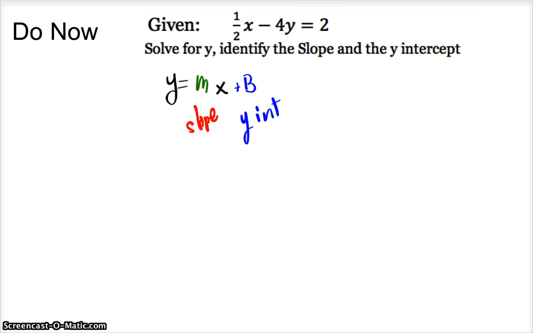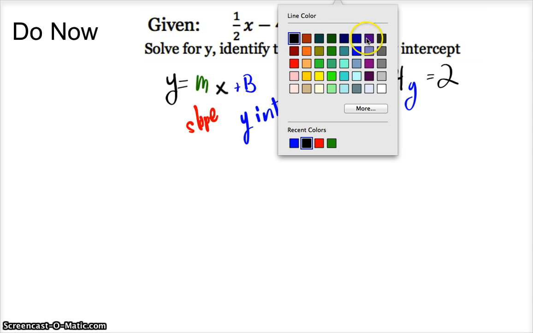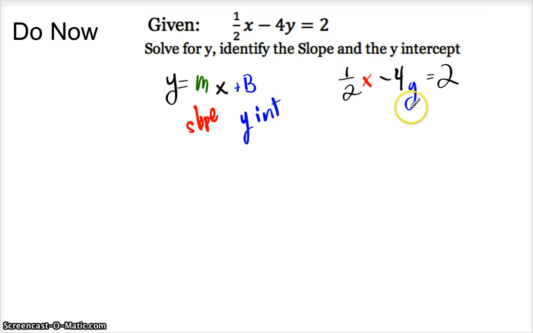So what we're going to do is change this equation. 1/2 x plus 4y, minus 4y, sorry, minus 4y equals 2. And just like this equation over here, I'm going to get y by itself, y all alone. So let's change colors a little bit so we can do all the work in one color.